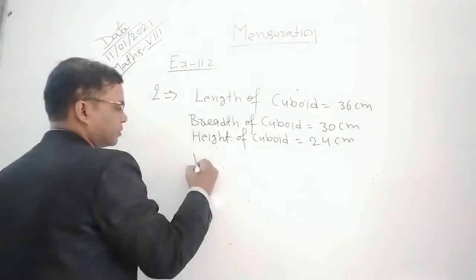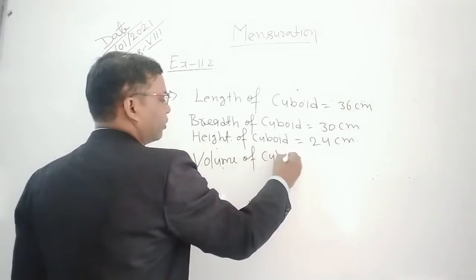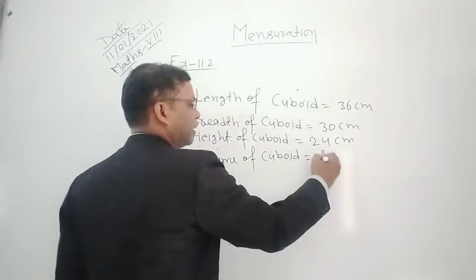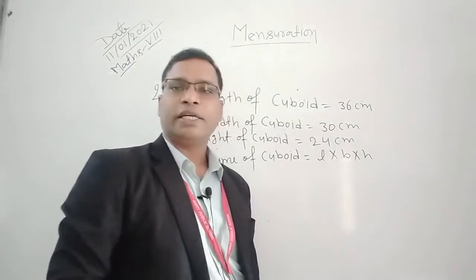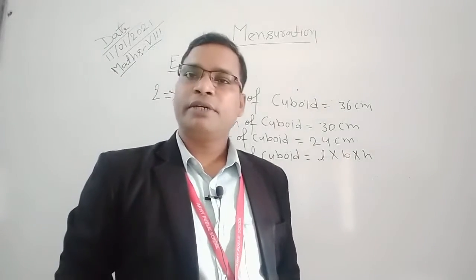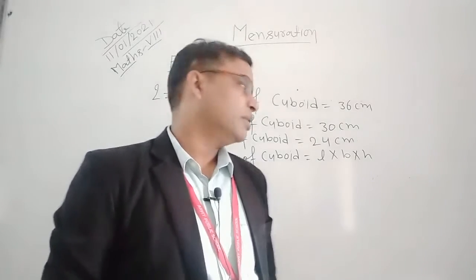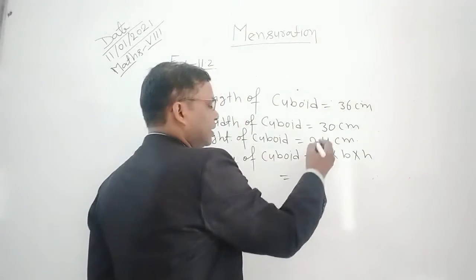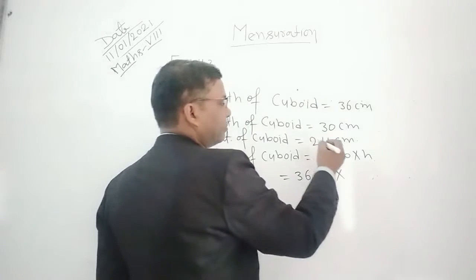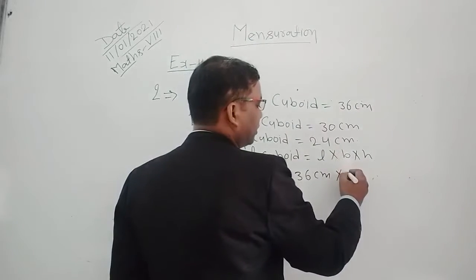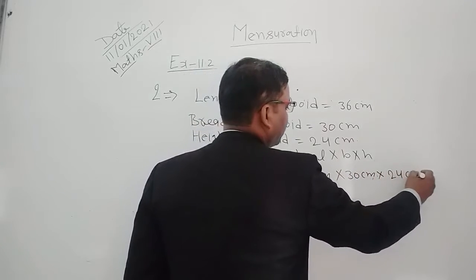Right here, volume of cuboid is equal to L into B into H, where L represents length of the cuboid, B represents breadth of the cuboid, and H represents height of the cuboid. The value of length is given here, 36 centimeter, into the value of breadth, which is given 30 centimeter, and height is also given 24 centimeter.